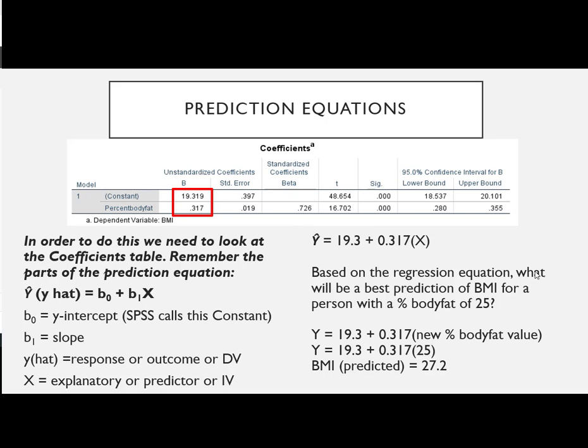So based on the regression equation, what would be the best prediction of BMI for a person with a percent body fat of 25? So I just take this equation and then I throw in 25 here. So if you came in and you had a 25 as a percent body fat, I could predict your BMI. I would say 25 times this plus this, and I get 27.2. And that's how you do regression.